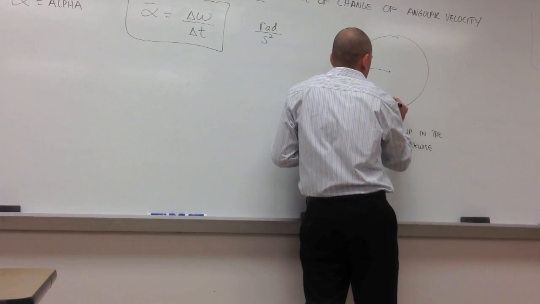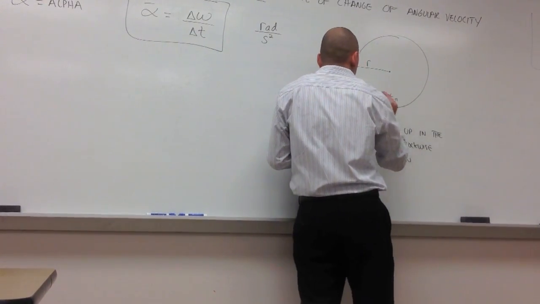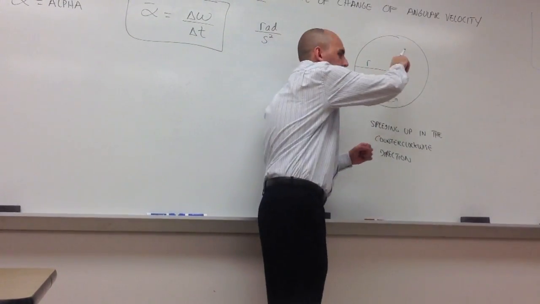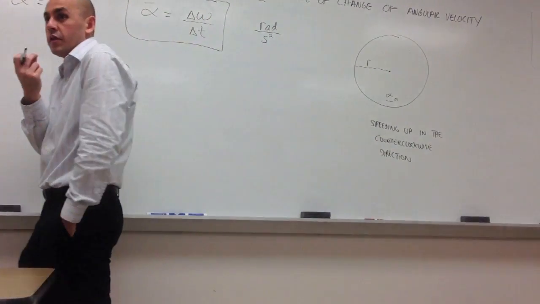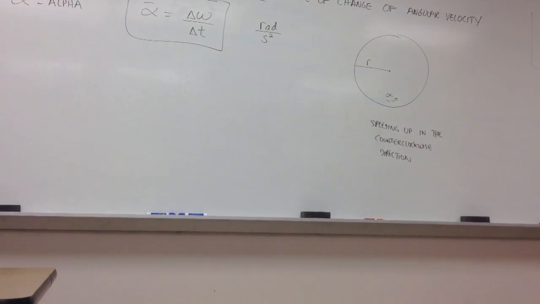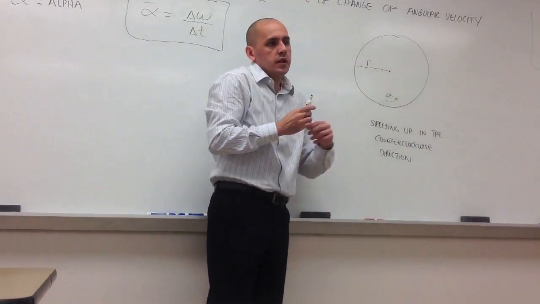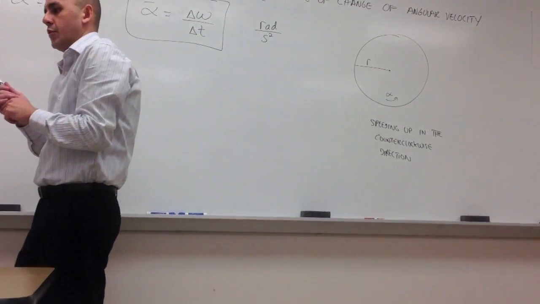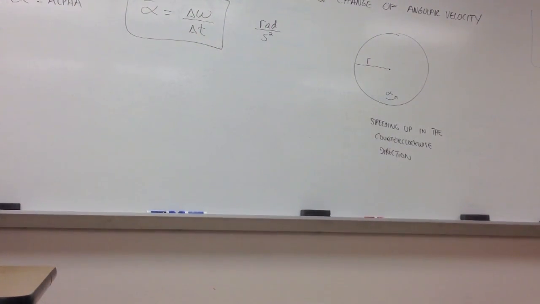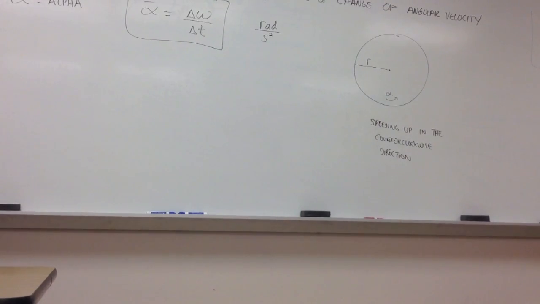So you can show on here, you can put the alpha like that. Just remember that when you show that little curled arrow, that's not representing a vector. It's just telling you the direction that you're speeding up in, or the direction that you're rotating in before when I put the omega on there. These vectors are really in that third dimension coming out or into the board, but we're not going to worry about that here.